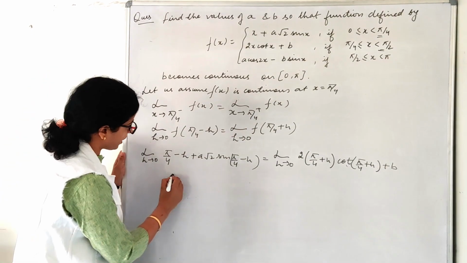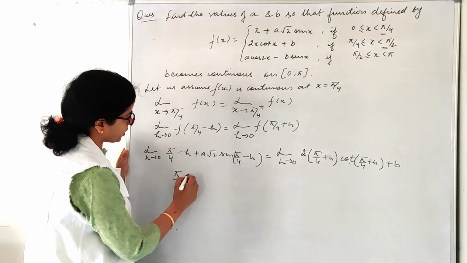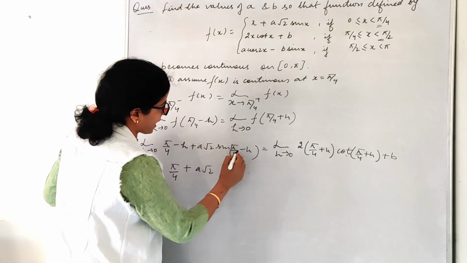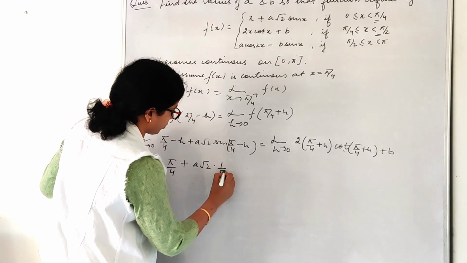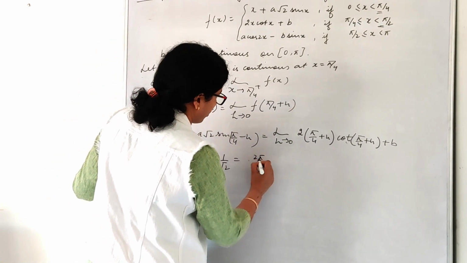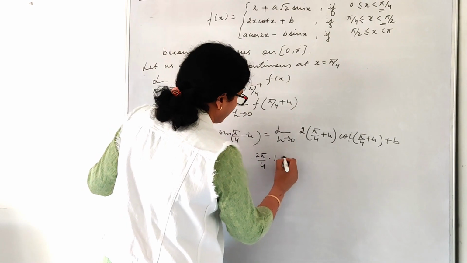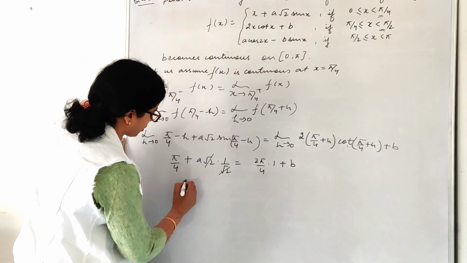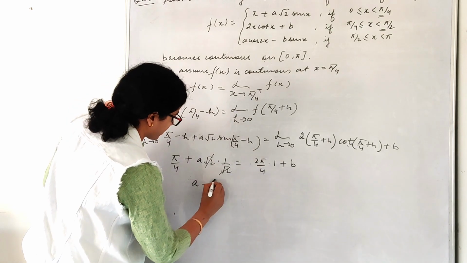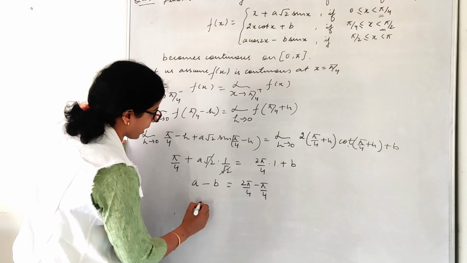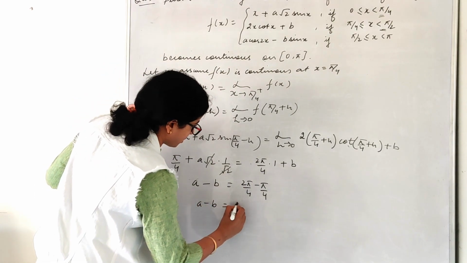Substitute the limit, getting here pi by 4, h will become 0, plus a root 2. Here I am getting sine pi by 4, sine pi by 4 is 1 by root 2. Here what I am getting? I am getting 2 pi by 4, cot pi by 4 is 1, plus b, right? So basically I am getting the equation a, bring this b this side, minus b is equal to 2 pi by 4 minus pi by 4. So I got my first equation: a minus b is equal to pi by 4.